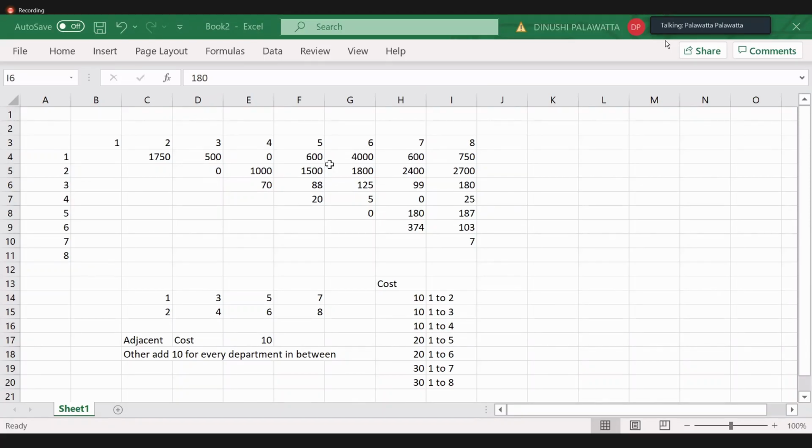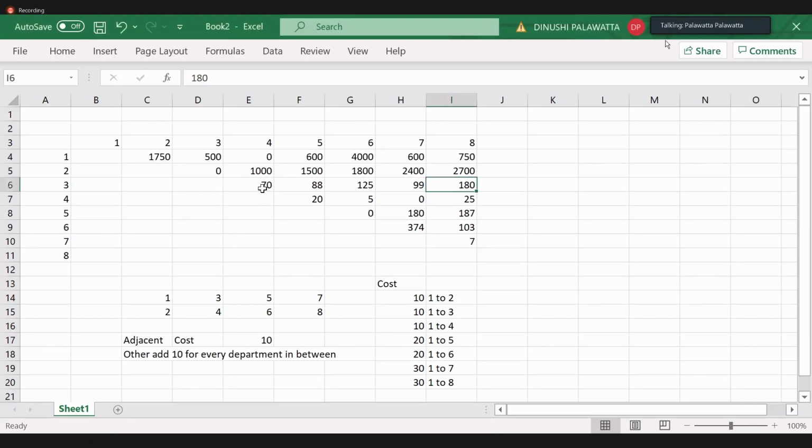The cost is 10 because from 1 to 4, from this corner you can go. Therefore, it's adjacent. And then 3 to 4: for 3, 5 is adjacent, 6 is adjacent, and 4 is also adjacent.